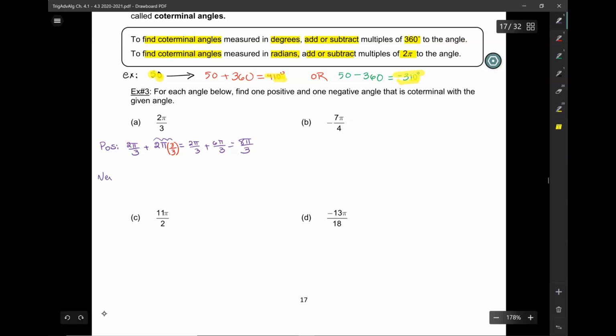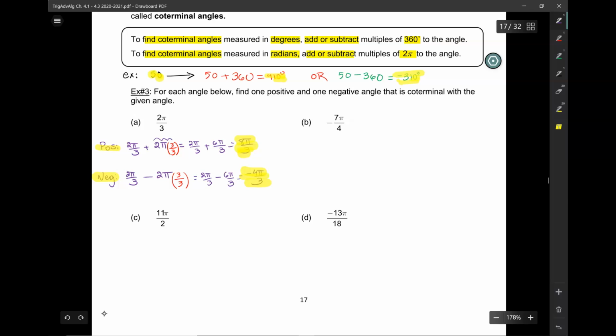For the negative, I get 2 pi over 3, and I have to subtract 2 pi. And again, I multiply by 3 over 3 to get the common denominator. So that's 2 pi over 3 minus 6 pi over 3, negative 4 pi over 3, right? So notice, for the positive coterminal angle, I get a positive number. For the negative, I get a negative number.